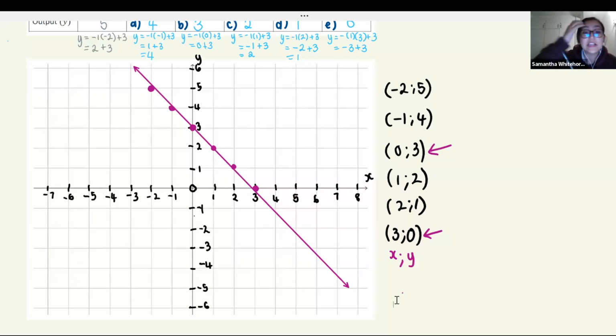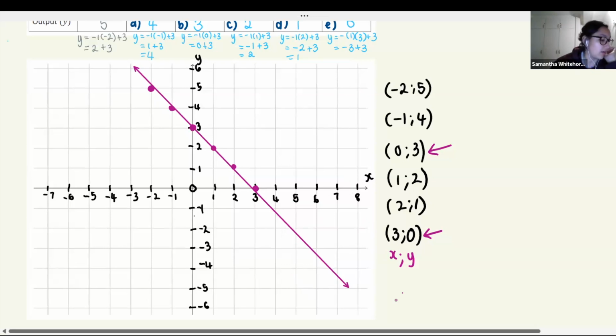So we've done points up to 3, but I've extended my line past that. And again, it's to show that this relationship continues to infinity. All right, so drawn my straight line, plotted my points, there's my graph.